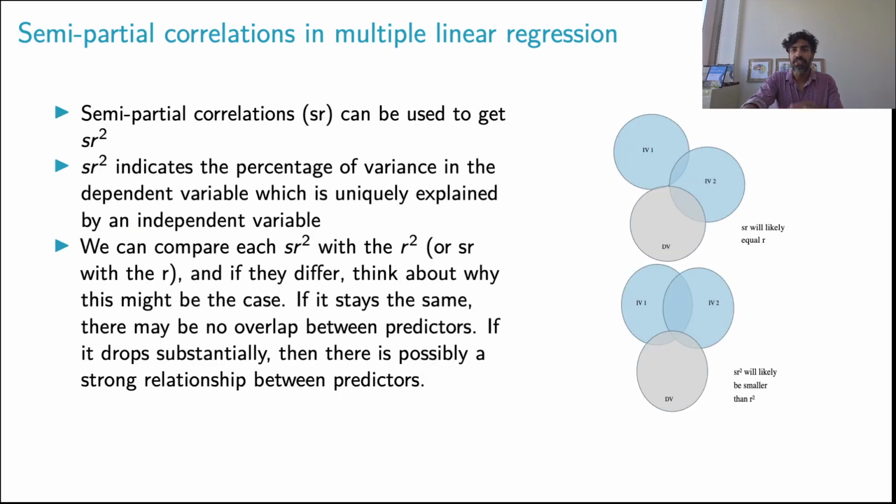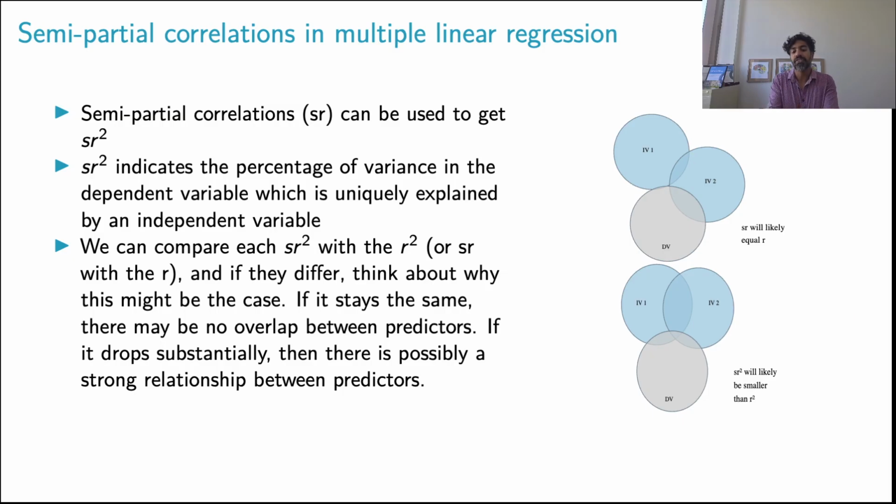So I think this diagram helps explain a lot of the concepts that we're looking at now with the ideas of semi-partial correlation. In terms of semi-partial correlations, it can be used to get a semi-partial correlation squared coefficient, right? And this indicates the percentage of variance in the dependent variable which is uniquely explained by an independent variable. So it's a similar structure to the Pearson's correlation coefficient.